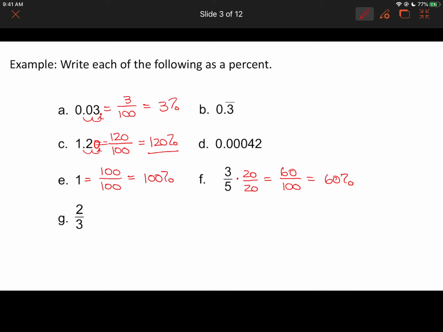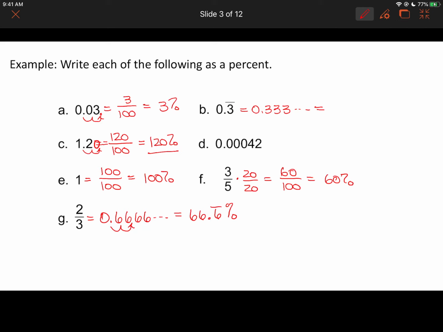So let's use that to handle the remaining 3. So 2/3 I can write as a decimal 0.66666 repeating. And so my trick says I'm going to move that decimal 2 places to the right. So that's going to be 66.6 repeating percent. What about 0.3333 repeating?